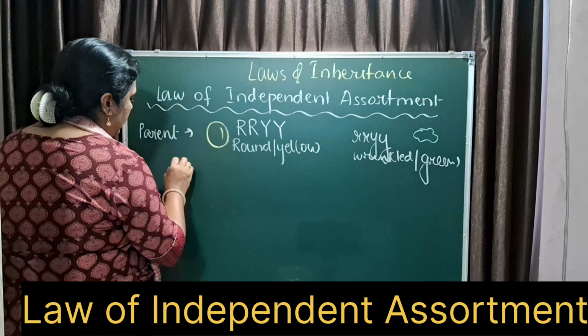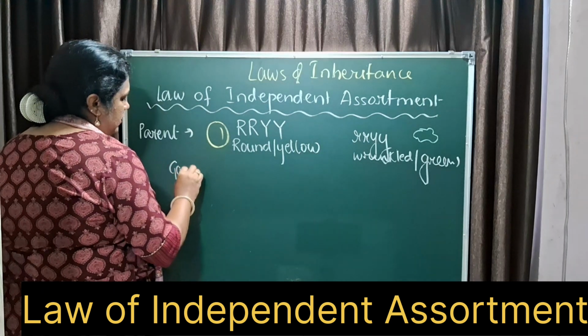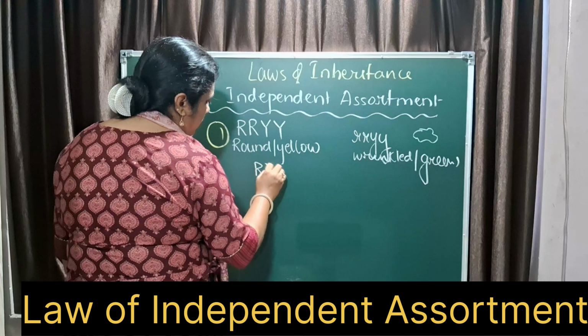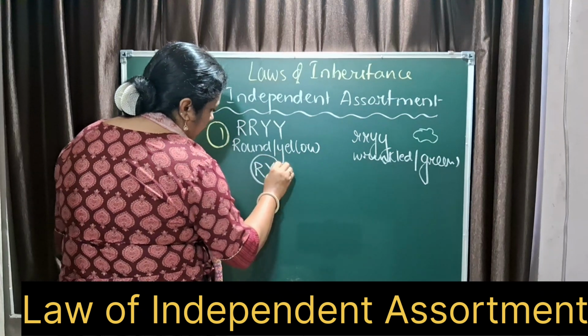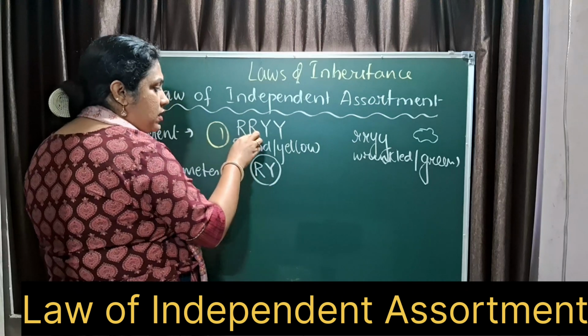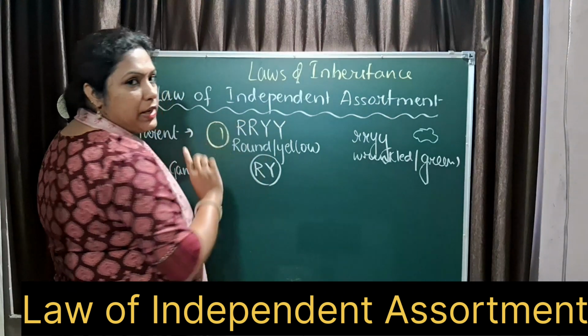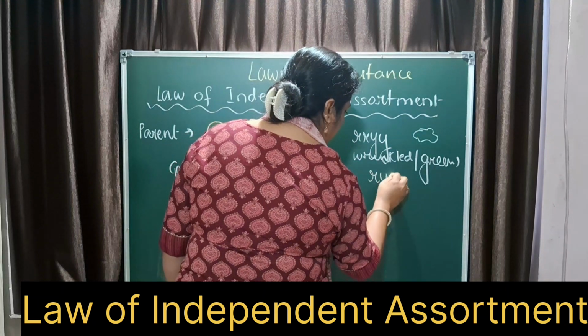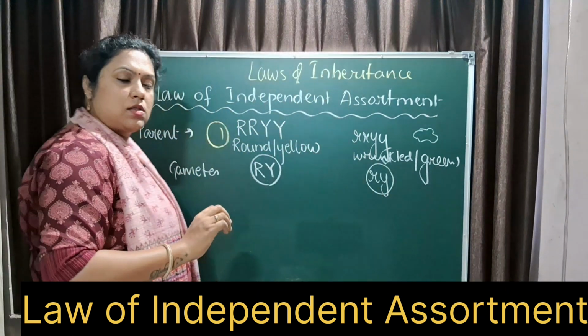Okay, so now when they have the gametes formation, since they have 2 types of dominant alleles only, the gamete formed is RY, and the going of this Y into the gamete or going of this R into the gamete is independent of each other. Similarly, here you can see the gamete formation will be small r small y.